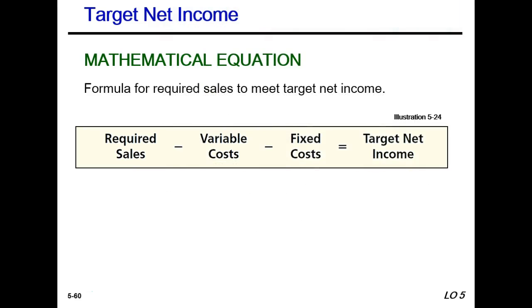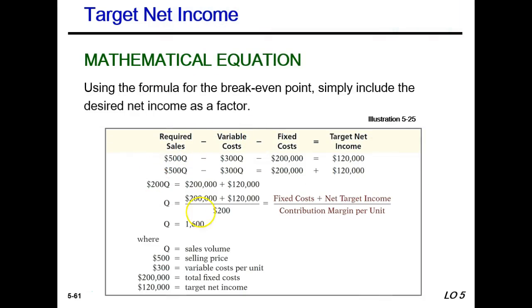So we can show that if we have required sales of $500 a unit and we have variable costs of $300, then we can figure out what we need, and if we also know we want to make $120,000, then we take our fixed cost and our targeted net income, combine them, divide that by our contribution margin to determine the quantity that we need to sell in order to make that amount of money. So this is going above and beyond the break-even.